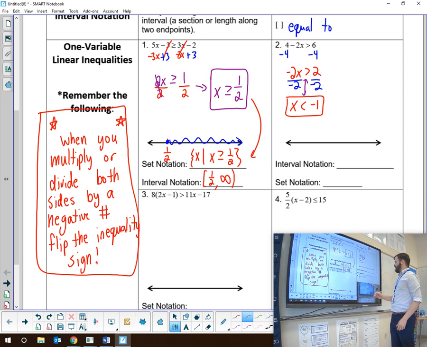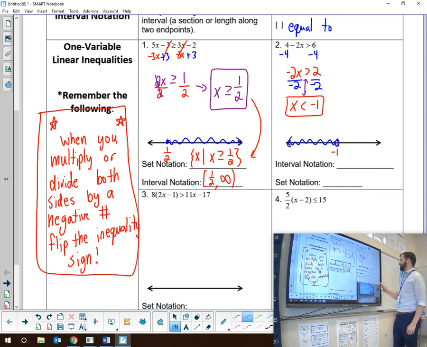Let's put that on a graph. Let's put a point here, and let's name it -1. And now I'm going to circle that point. I'm not going to fill it in because it's just less than. It is not less than or equal to. And my graph is going to go to the left because it is less than -1. So it's smaller than.